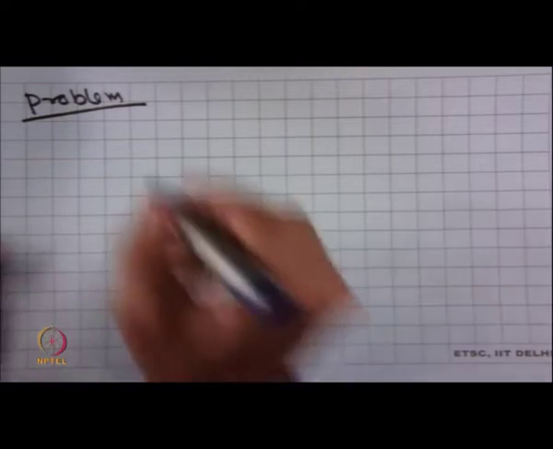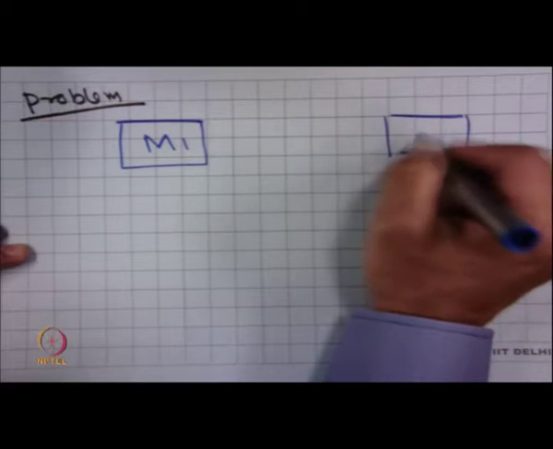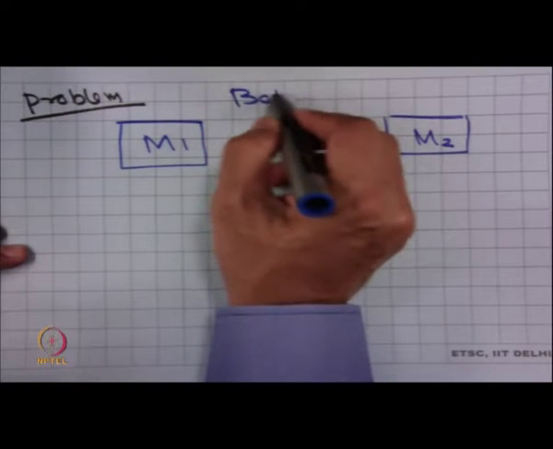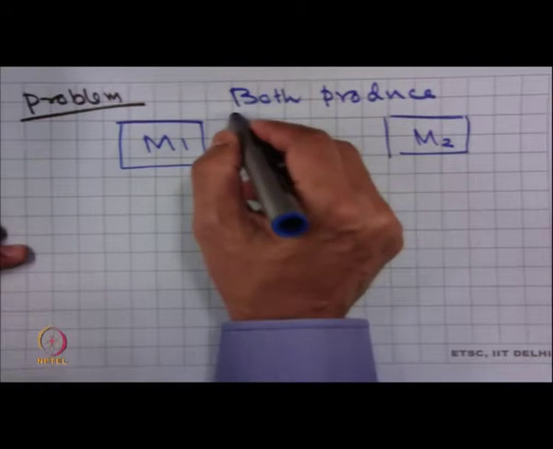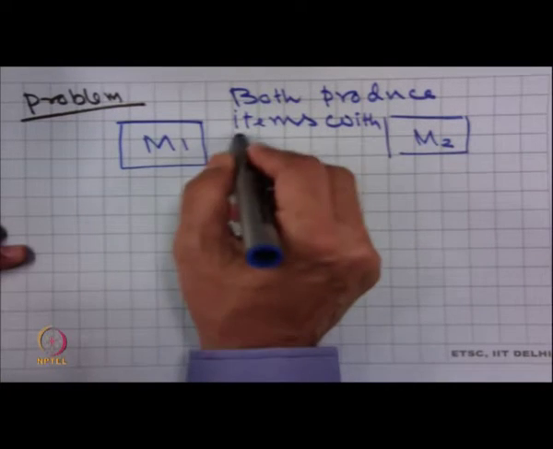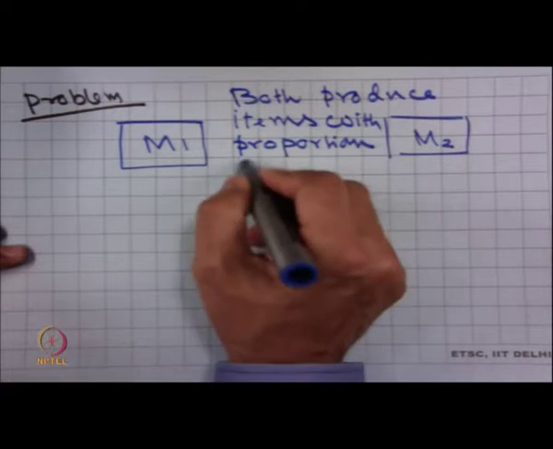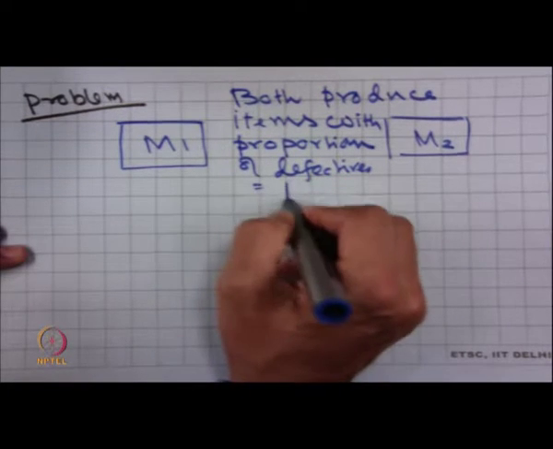Suppose there are machines M 1 and M 2, both produce items with proportion of defectives equal to P.